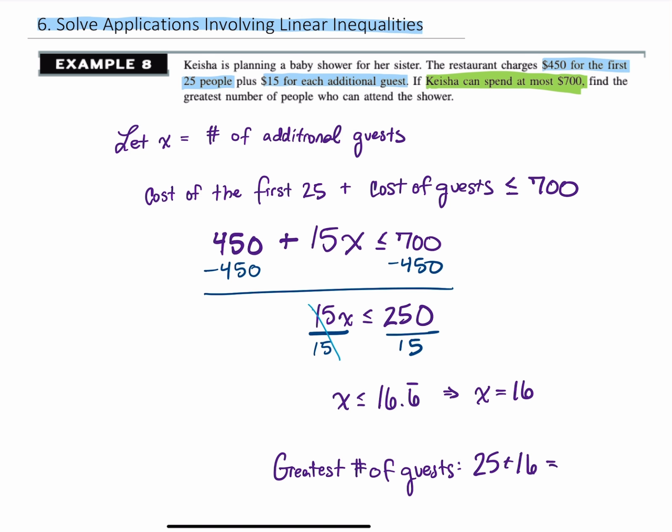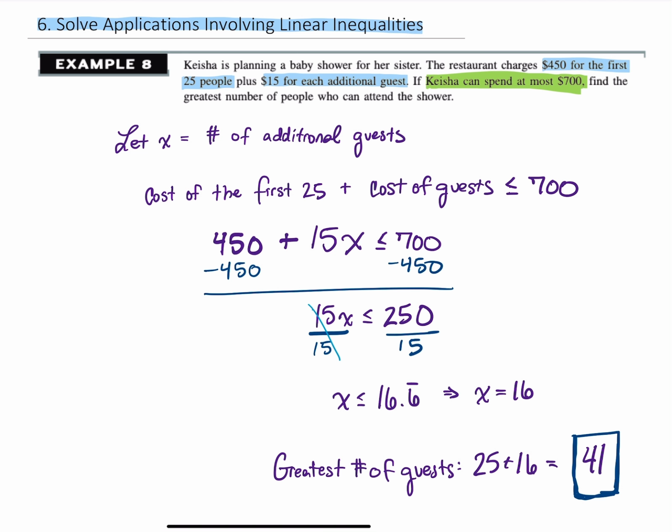So 25 plus 16 is 41. 41 is the greatest number of people who can attend the baby shower and not spend more than $700. So that's the use of the inequality in this situation.